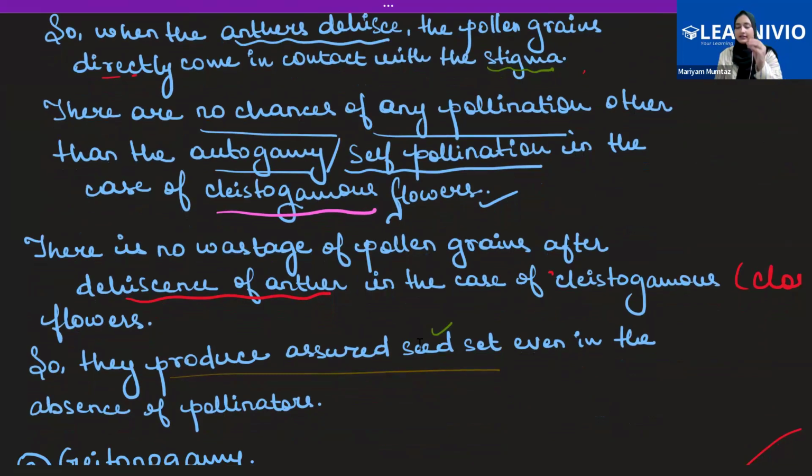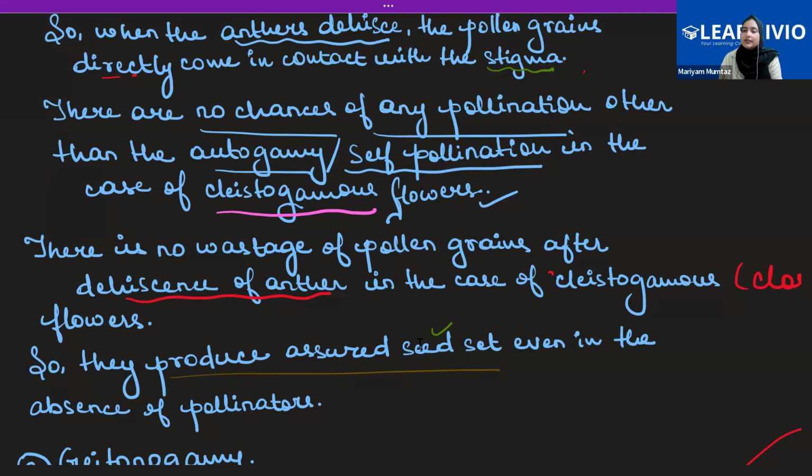Imagine the anther is going to burst. When it bursts, it releases the pollen grains everywhere, so some pollen grains can be wasted. But in a cleistogamous flower, the flower that is closed, if the anther bursts inside, there is no wastage. So in them, assured seed set is produced even in the absence of a pollinator. They don't need any agent to cause pollination. The anthers dehisce, pollination takes place.